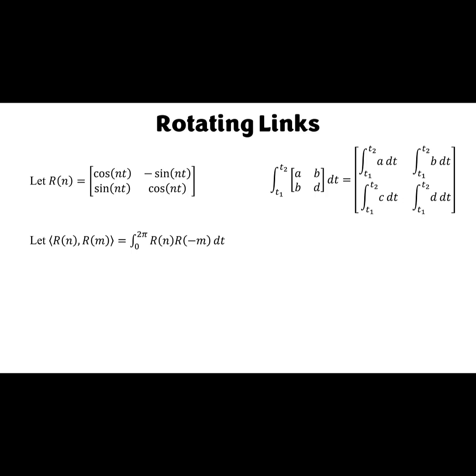So you have a multiplication of two matrices of functions here. Why is it negative m? We'll talk about that in a moment. But now consider this set of matrices of functions, R of 0, R of 1, R of negative 1, R of 2, R of negative 2, all the way to R of n and R of negative n.